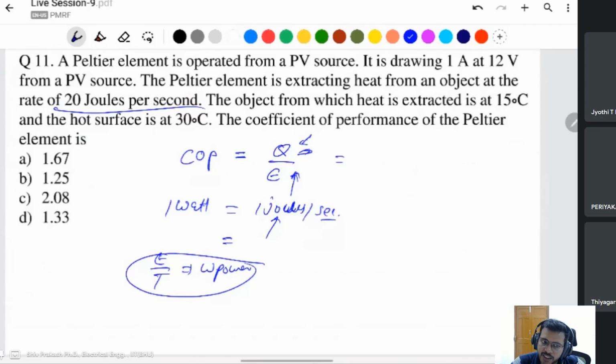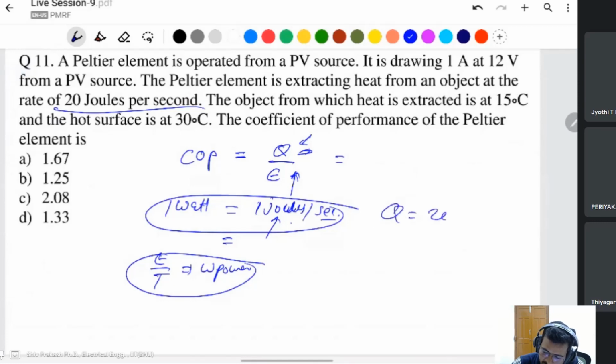That's why joule per second is the same as watt. So Q is the same as 20 watt. What is the electrical power? Electrical power is voltage and current, 12 into 1. So 12 watt. 20 by 12, it will be 1.67, I think.